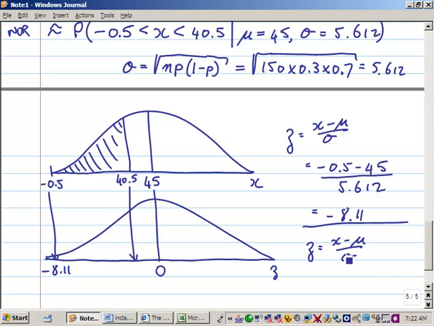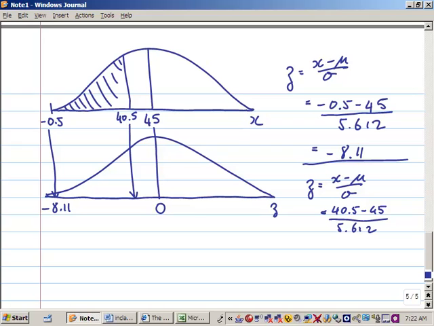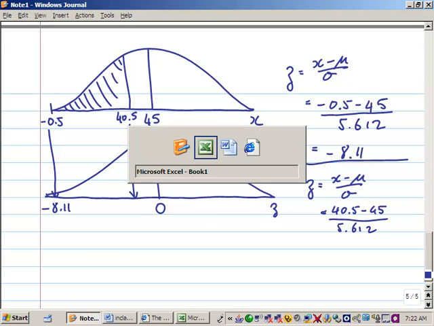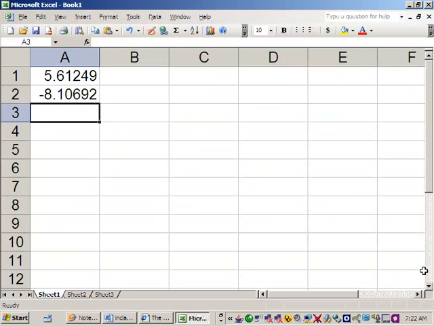And for the second limit, 40.5 minus 45 divided by the standard deviation. What did I do wrong?